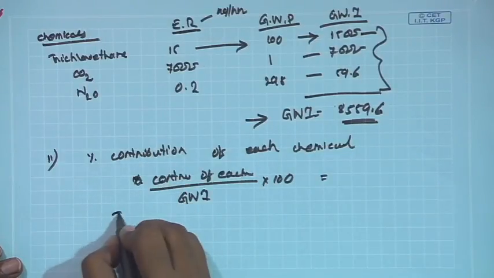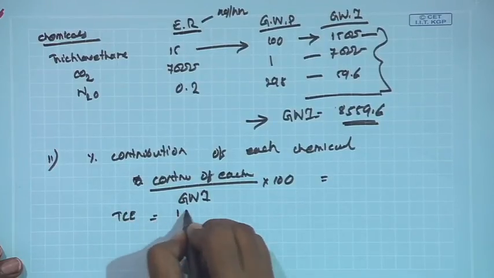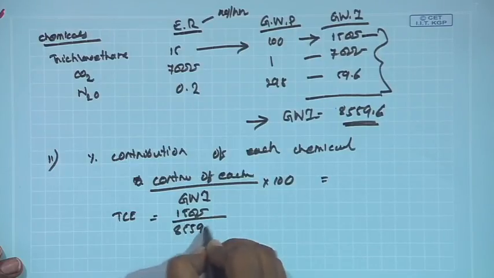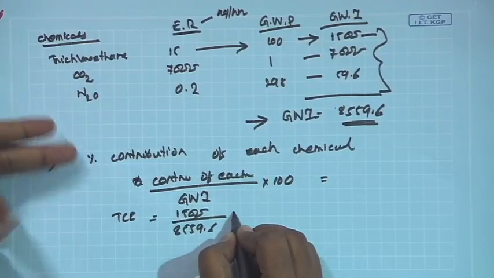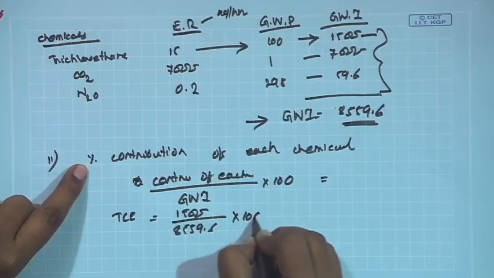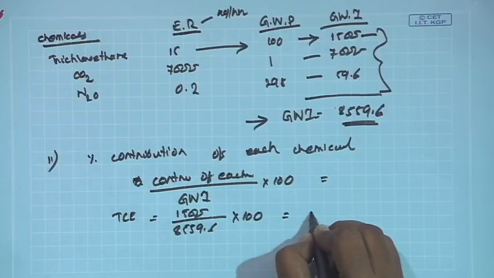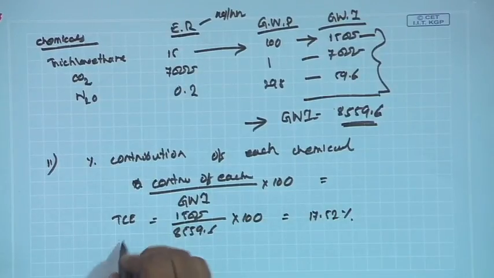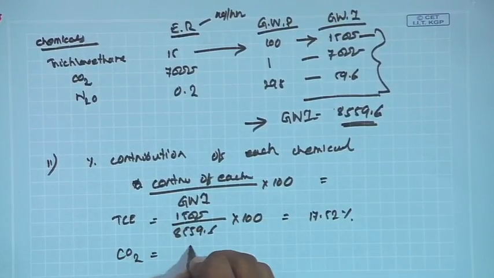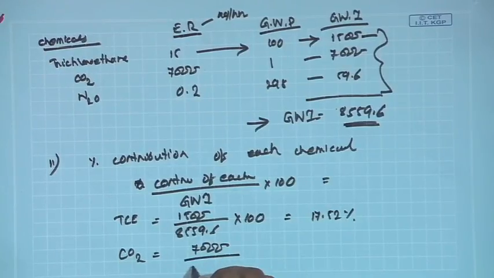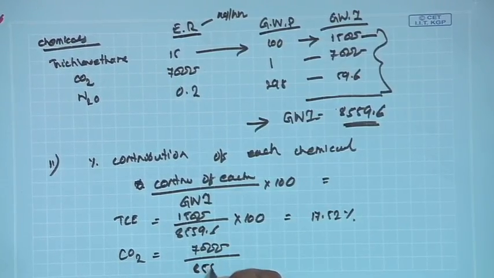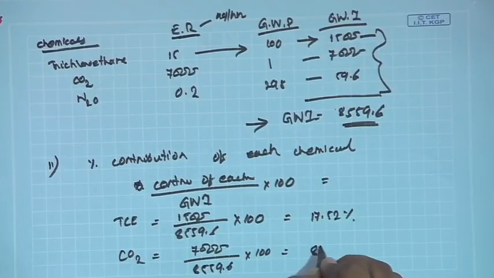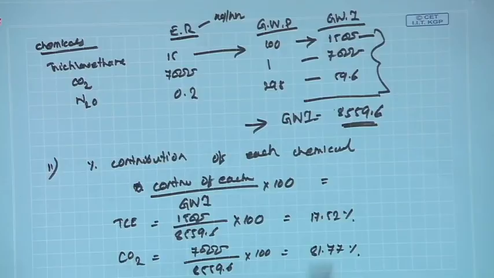Here for trichloroethane, this is 1500 divided by 8559.6. Here we are expressing in terms of percentage, so multiplied by 100, that is 17.52 percent. For carbon dioxide, it is 7000 divided by 8559.6 into 100, that is 81.77 percent.